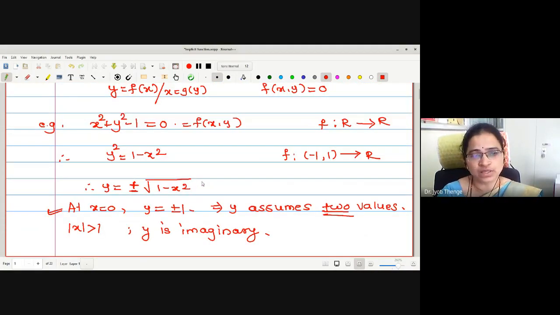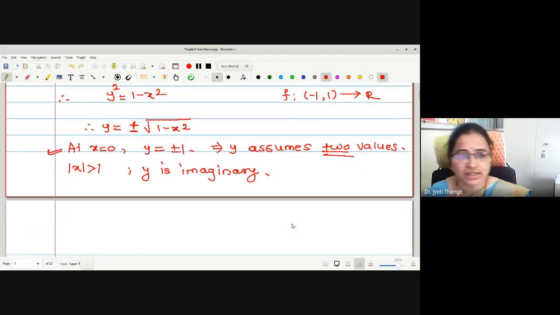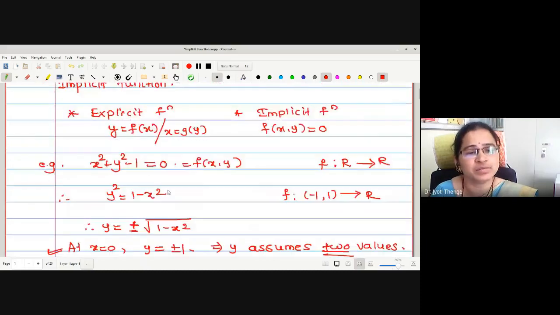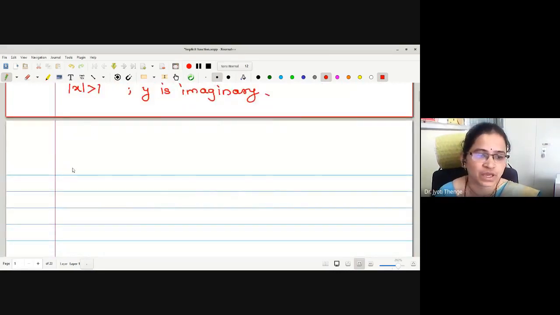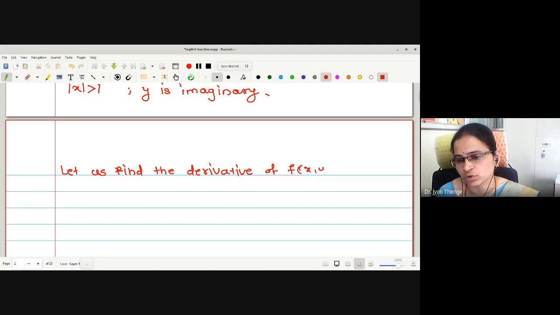Likewise, for this function, we were going to impose the condition that the derivative of the function at this point must be non-zero. Let me calculate the derivative. Let us find the derivative of f, f of x, y equal to 0.